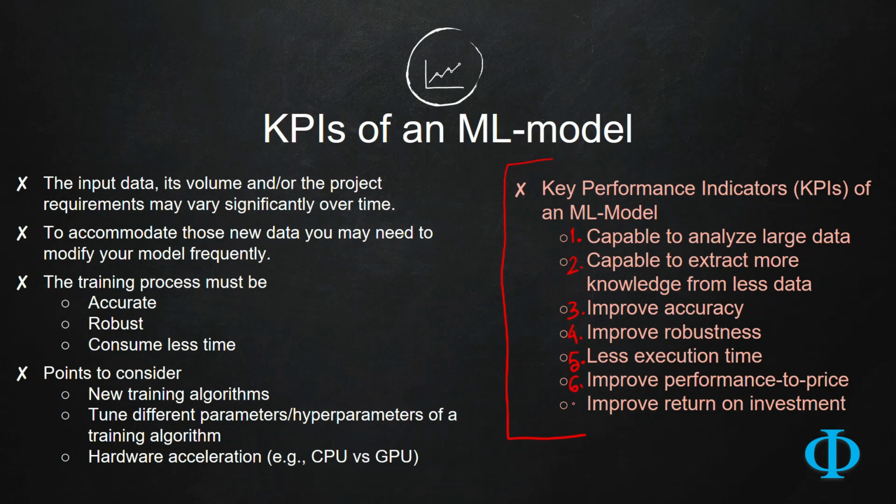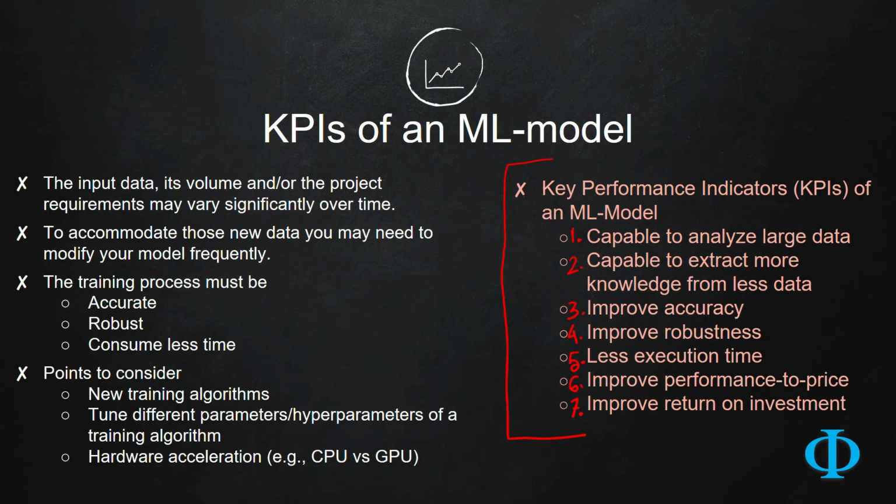And finally, number seven, this is kind of a summary of the entire thing that I have discussed. Your model should improve the return on investment. Now, investment can be in many different ways.